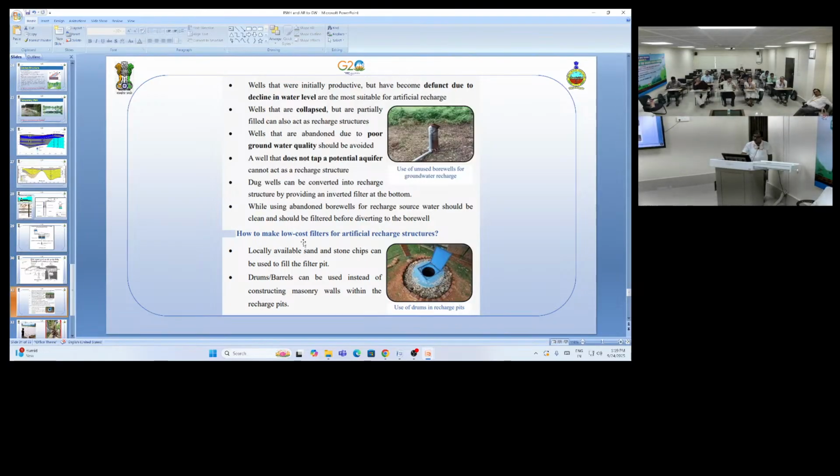Wells that were initially productive but have become defunct due to decline in water level can be chosen, as well as wells that have collapsed or been abandoned due to poor groundwater quality. These are some of the structures. Everywhere you cannot construct a recharge structure. If any structure is already available, you can use it for recharging. This is through a dug well.